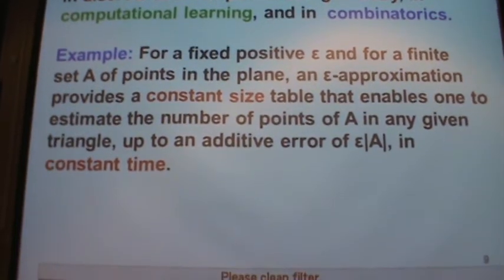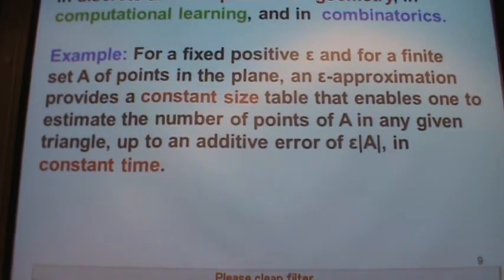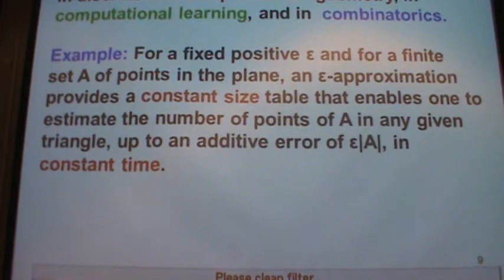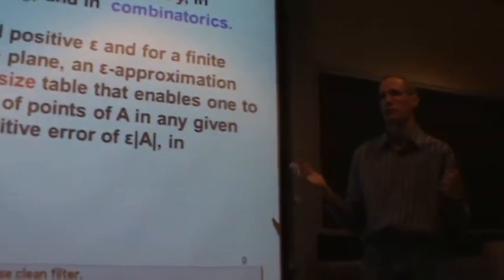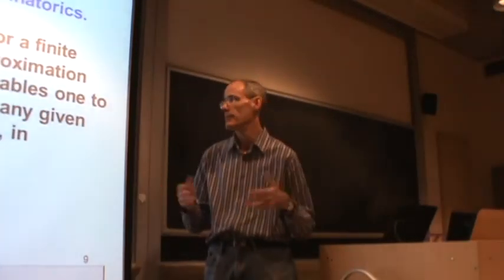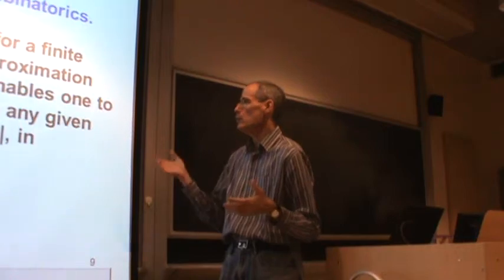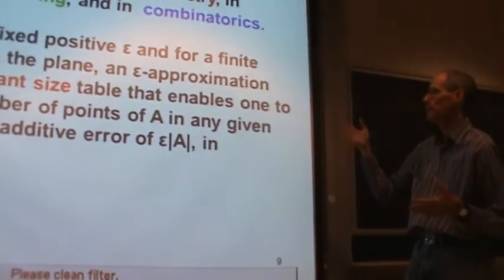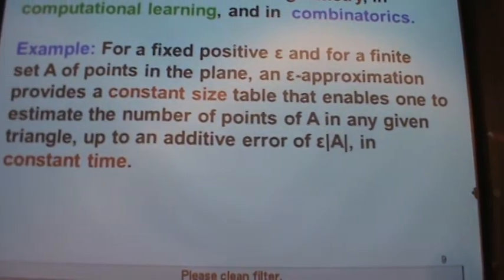So suppose we fix epsilon. Think about epsilon as 1 over 100, 1%. And suppose we have a finite set of points in the plane, but again, it could be a huge set, very many points in the plane. And now I want to take an epsilon approximation.